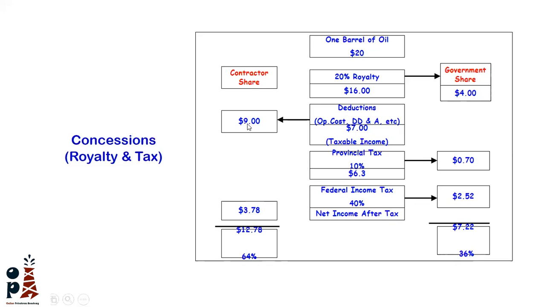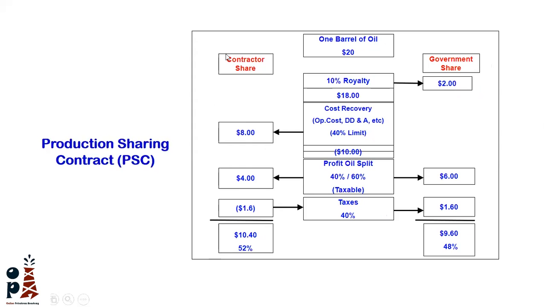So if we sum 9 and 3.78, we'll get 12.78, which is 64% of the net profit for the government and the contractor, and the government will take $7.22, which is 36% for the government.